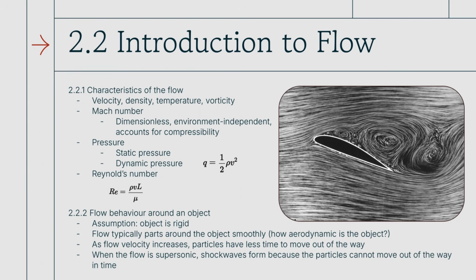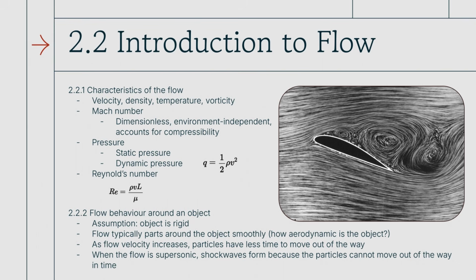You can also, as I mentioned, describe the flow using the Mach number. The nice thing about the Mach number is that it's dimensionless. So it's not really dependent on your environment because, as I said, you can recreate the same Mach number in many different conditions and observe the same properties. The Mach number also accounts for compressibility, right?